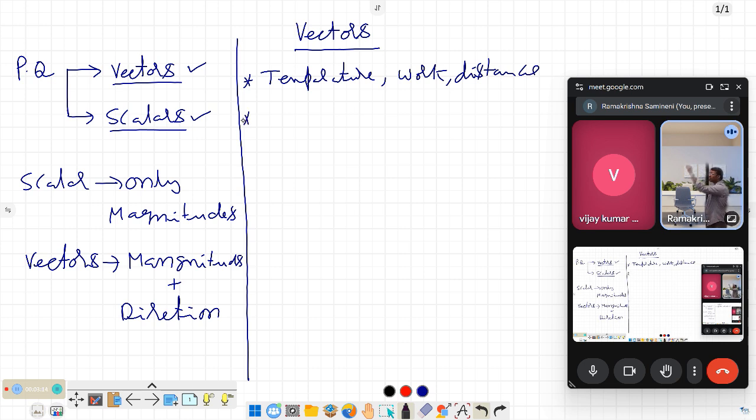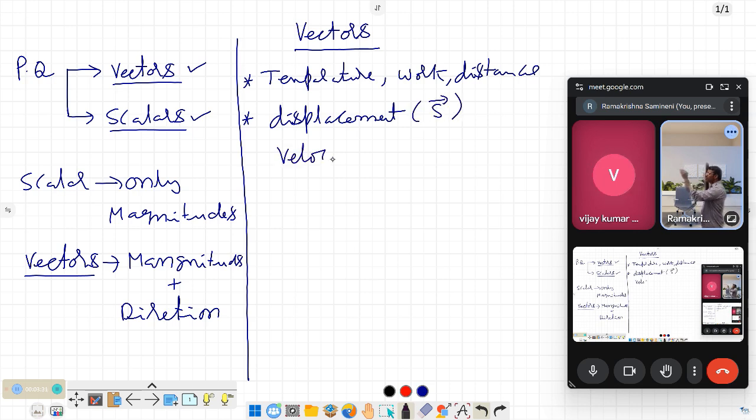And vector quantities also have many examples. Starting simply with displacement, which we indicate with an S arrow, and velocity is also a vector quantity, indicated with an arrow. And at a higher level, torque is also a vector quantity which has direction.